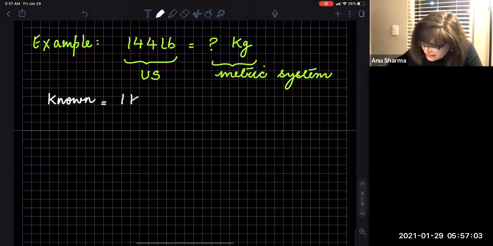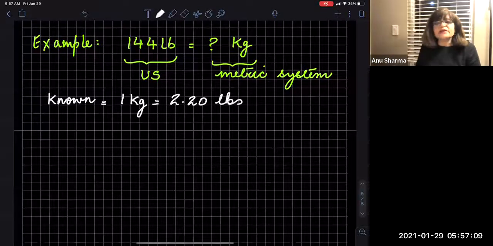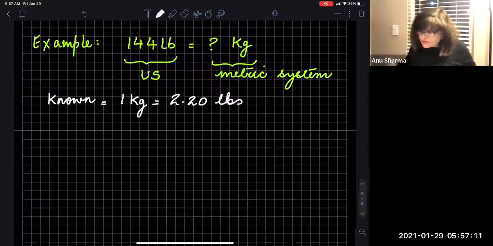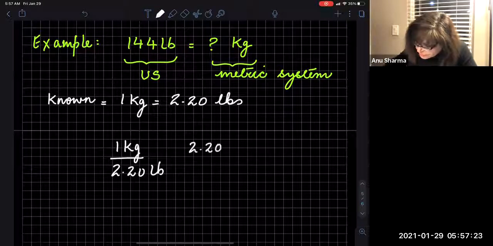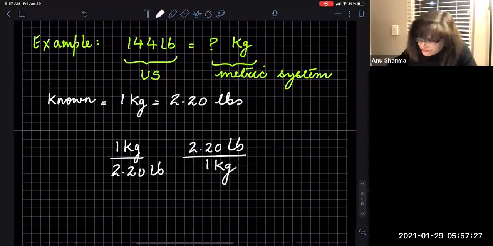So 1 kilogram is equal to 2.20 pounds. Okay, so again, the two conversion factors: 1 kilogram over 2.20 pounds, or 2.20 pounds over 1 kilogram.